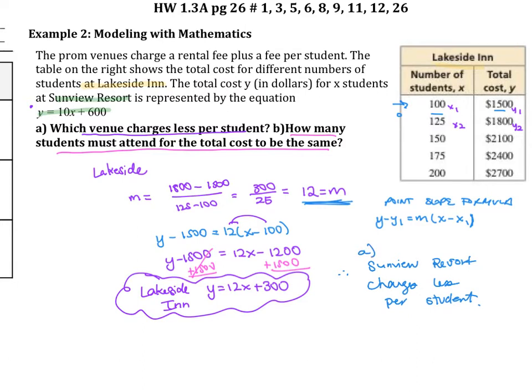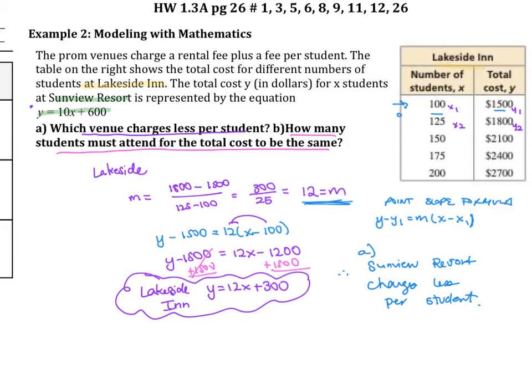Now B, how many students must attend for the total cost to be the same? We have two equations here. What do you think we could do in order to solve it? We're going to set them equal to each other. So y equals 10x plus 600, or y equals 12x plus 300. We want the y values to be the same, so y equals y.